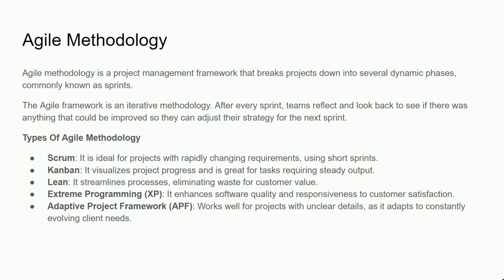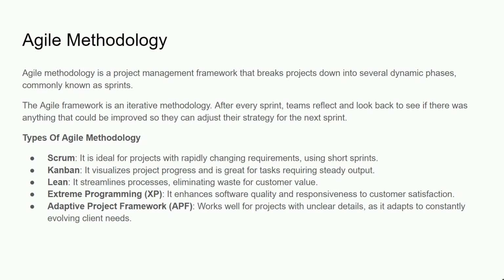Now the agile methodology. Agile methodology is a project management framework that breaks the project into several dynamic phases. It is not like the waterfall methodology where the process is designed from start to end and included as one phase.